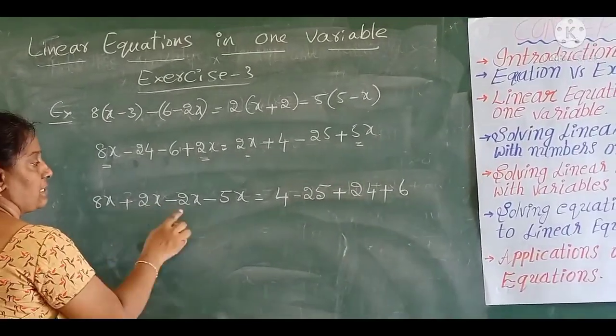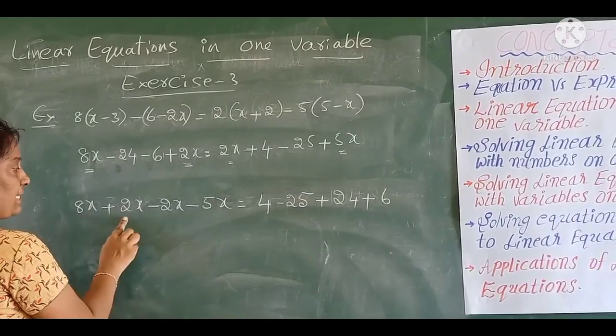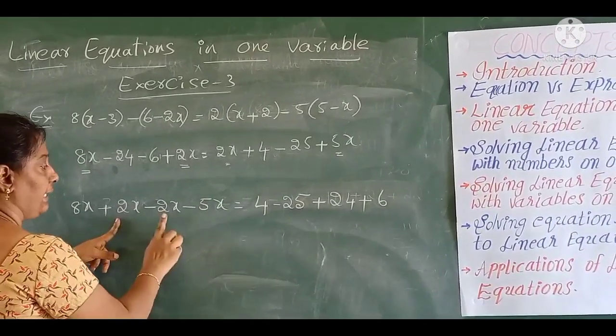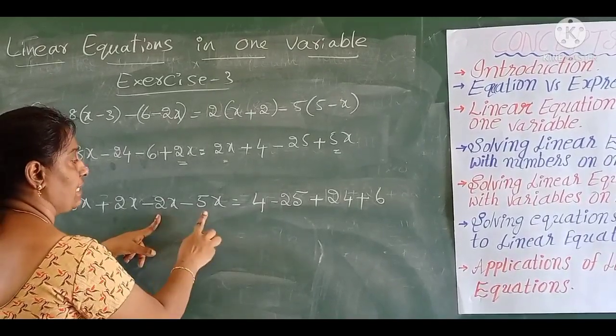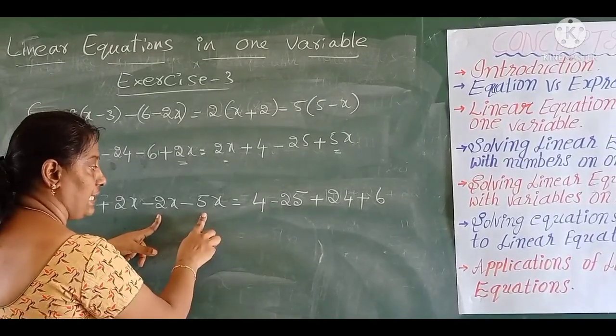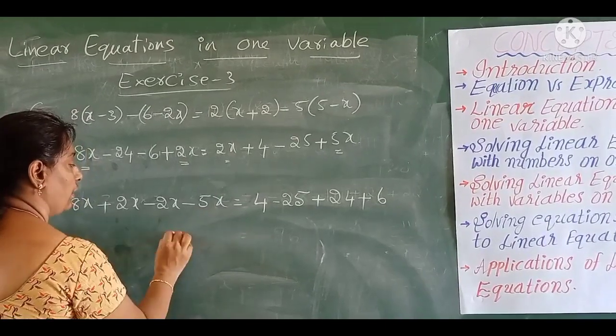By subtraction. So 8x plus 2x is 10x; 10x minus 2x is 8x; 8x minus 5x is 3x. So 3x.